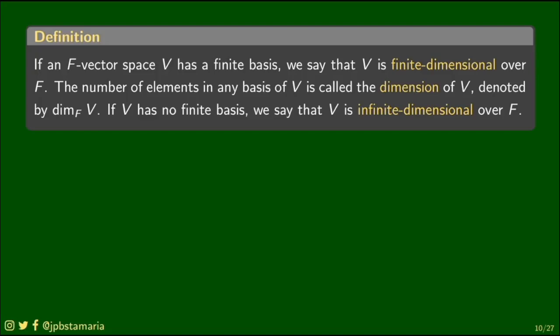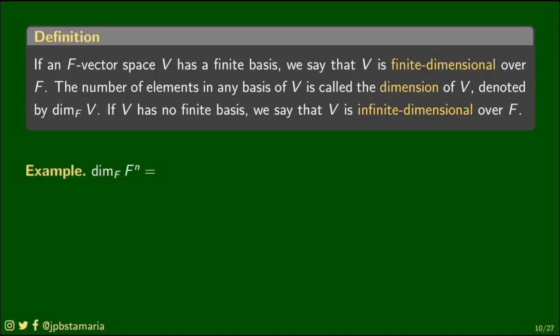The dimension of V over F is denoted by this symbol. If V has no finite basis, we say that V is infinite dimensional. Or if we cannot find a finite spanning set for V, for example, we can say that V is infinite dimensional.